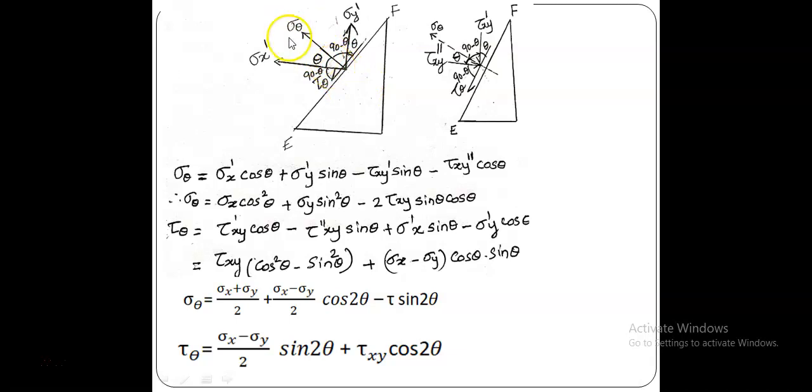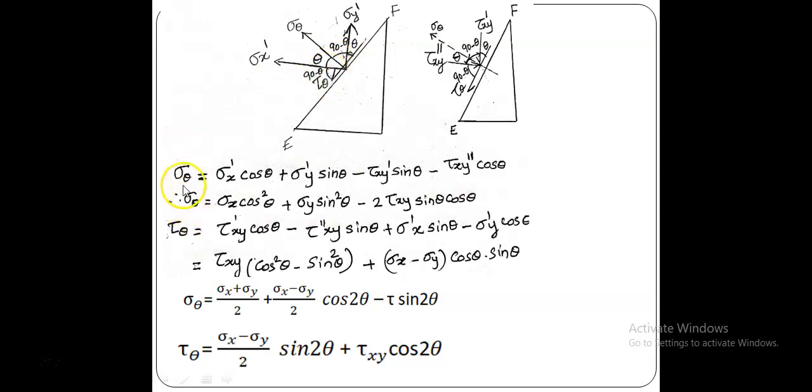This is the normal stress we want to find, and therefore this is 90 minus theta, because sigma x dash and y dash are normal plane stresses. Like that, this is tau xy. Sigma theta and tau theta are normal to each other. If this angle is 90 minus theta, then it becomes theta. Am I correct? When this angle is theta, sigma theta and tau theta are at 90 degrees, and therefore this angle is 90 minus theta. That's all. Now let us solve.